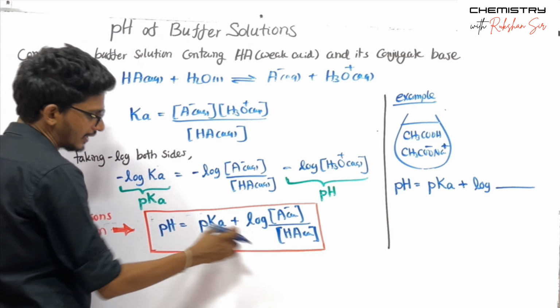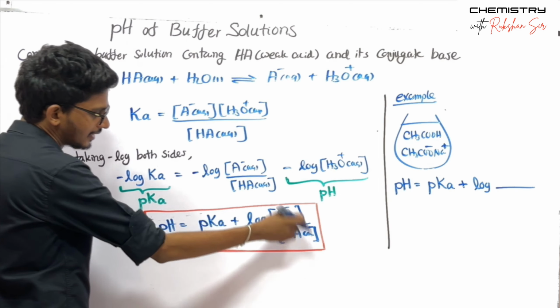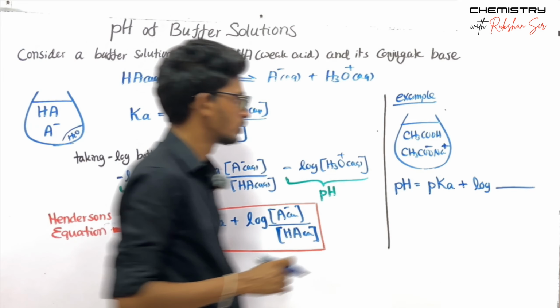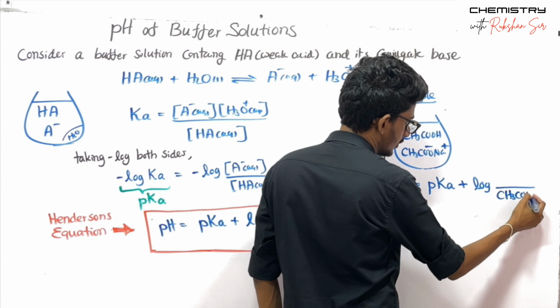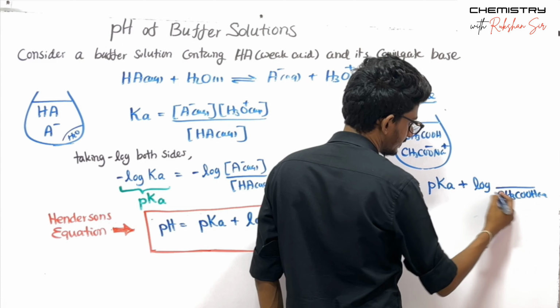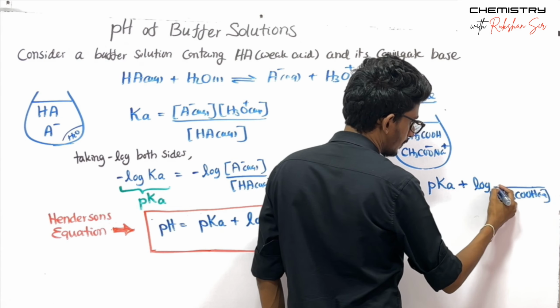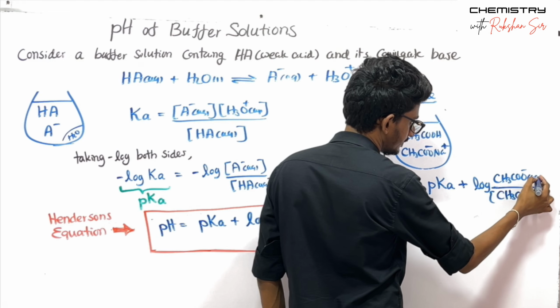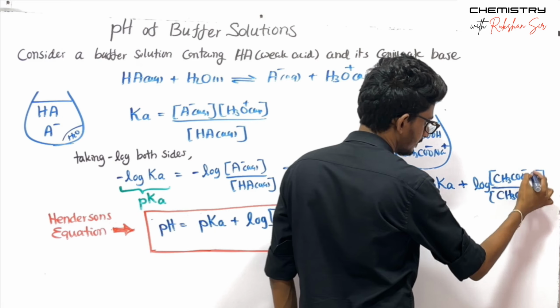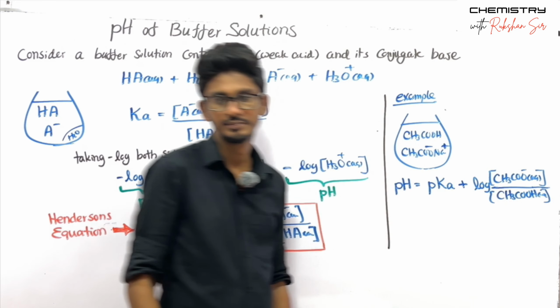This is the conjugate pair. At the bottom you have the acid, CH3COOH. At the top you have the conjugate base.